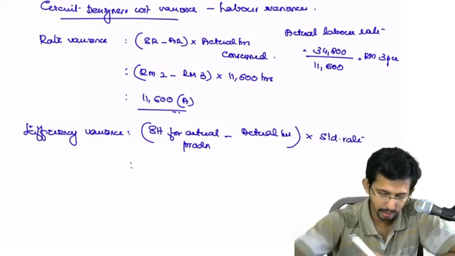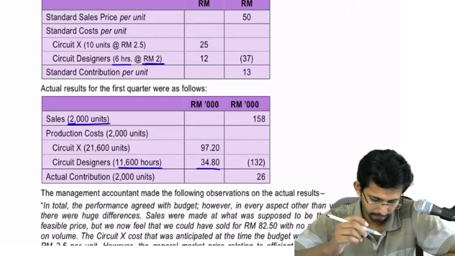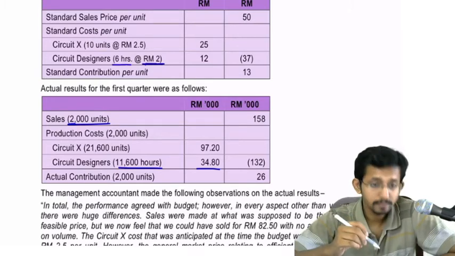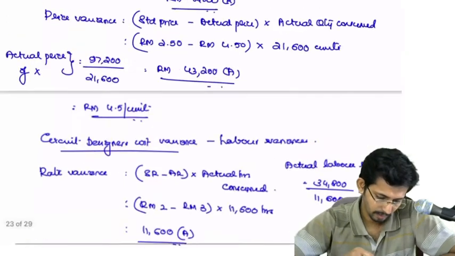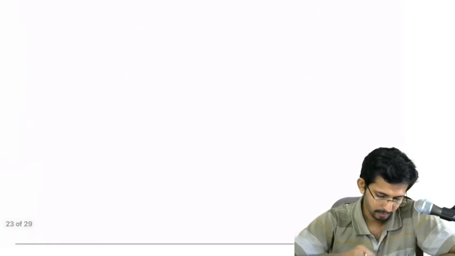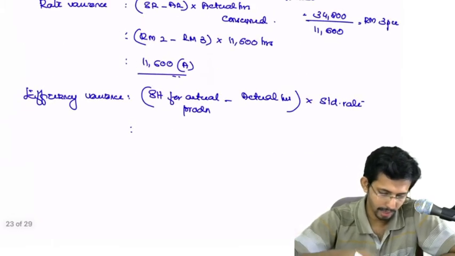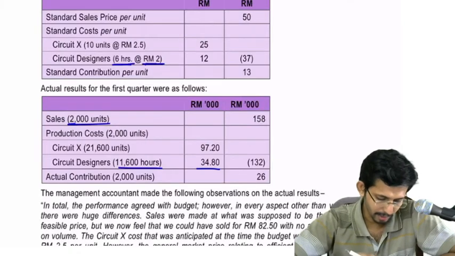How do you get standard hours for actual production? Is there any mistake we have committed? No. Okay, so they say that standard is 6 hours per unit.